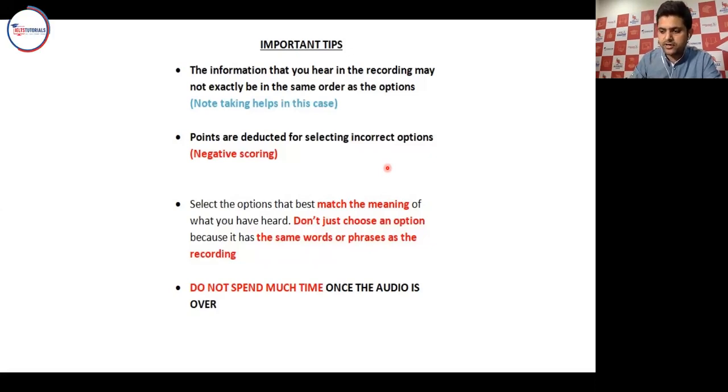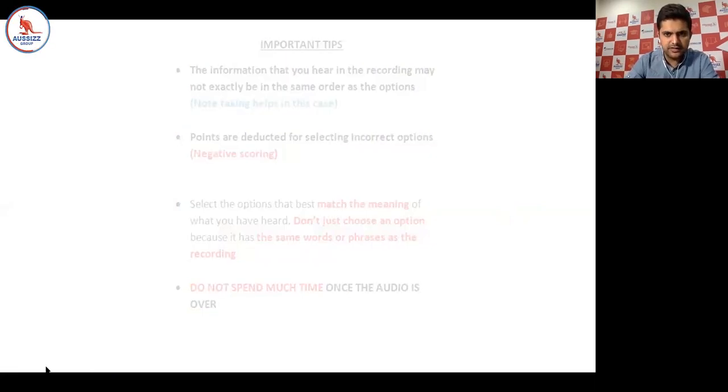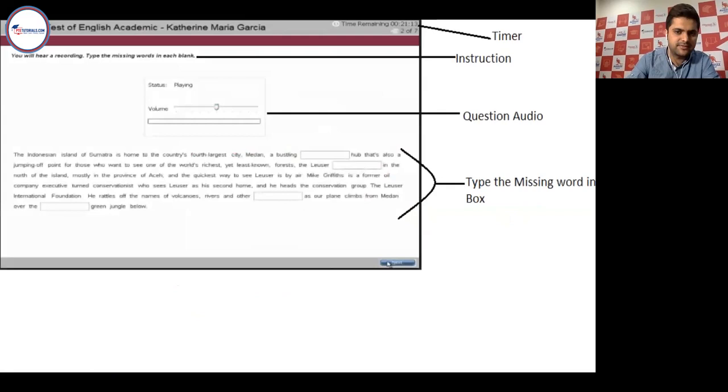So this is a very important thing you need to keep in mind. The next task is fill in the blanks, or fill in the gaps. For this particular task, you could have 2 or 3 of these in your actual test, and it would look something like this on your screen.